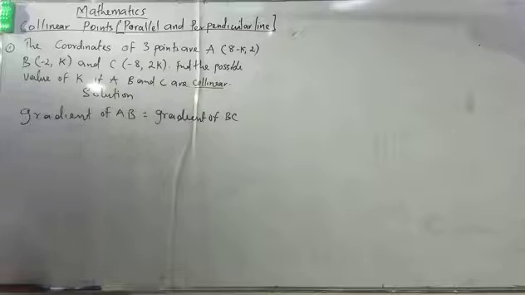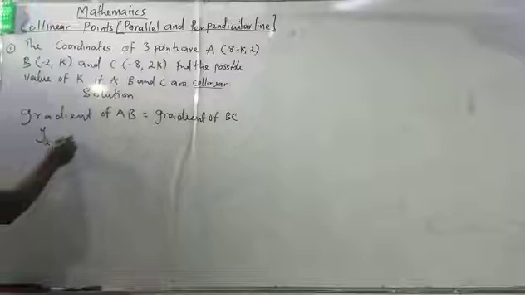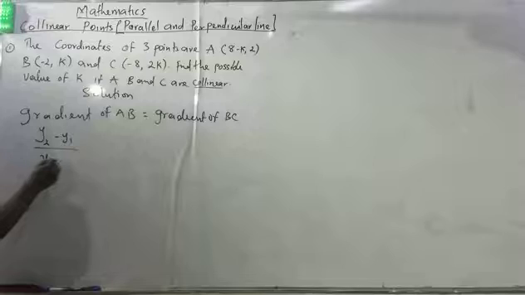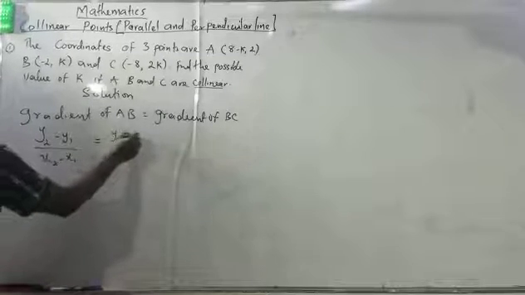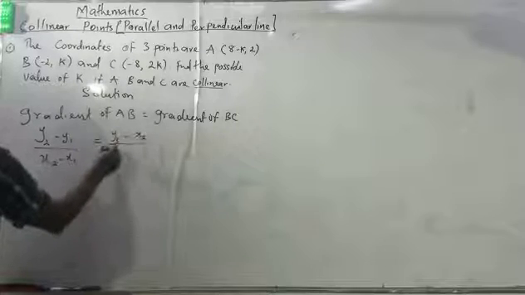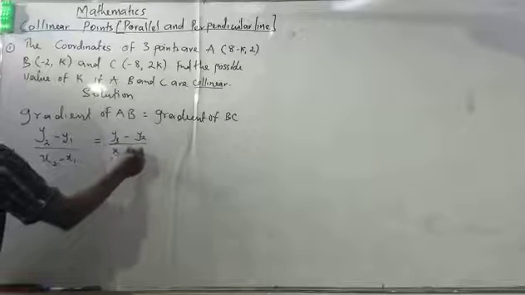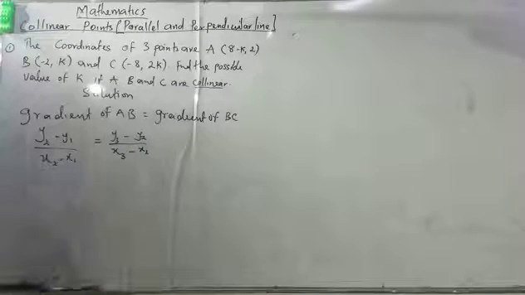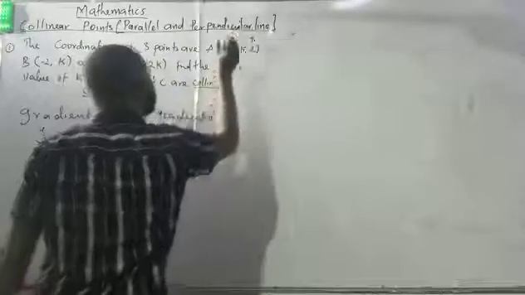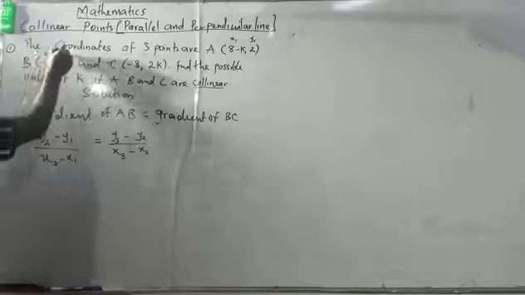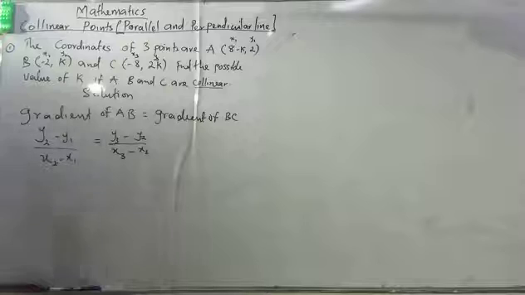Now, the gradient is (y2 minus y1) divided by (x2 minus x1), equals (y3 minus y2) divided by (x3 minus x2). Can you see this? Hope you know that this is my x1, y1, x2, y2, x3, y3. That is a coordinate for you.